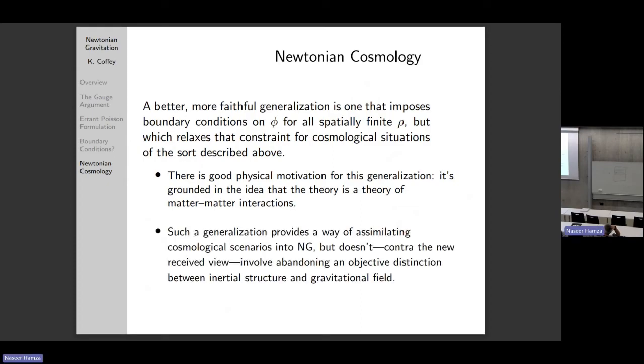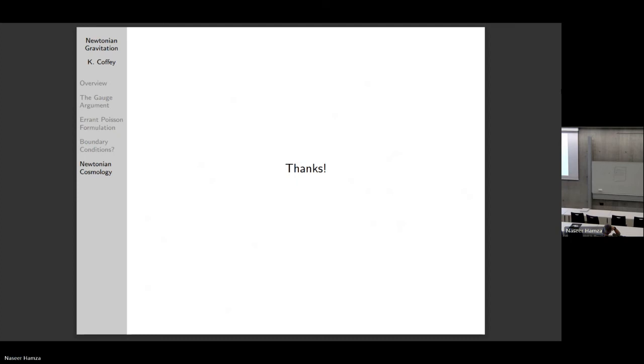I think such a generalization provides a way of assimilating cosmological scenarios into Newtonian gravitation, but doesn't, against the new received view, involve abandoning an objective distinction between inertial structure and gravitational field. Okay.